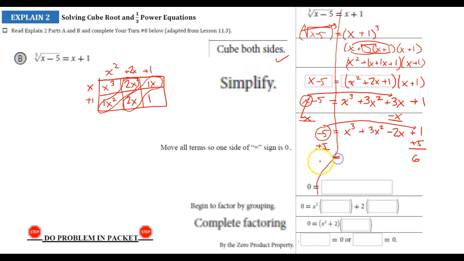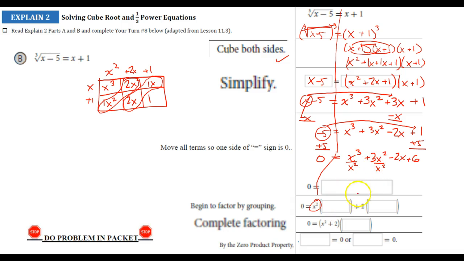So that would be 6 on one side, 0 on the other: x to the 3rd power plus 3x squared minus 2x plus 6. Here, we're going to see if we can factor. They give us a little bit of a hint that some of these things have something in common. For these first two terms, they both have an x to the 2nd power in common, so we can take that out.